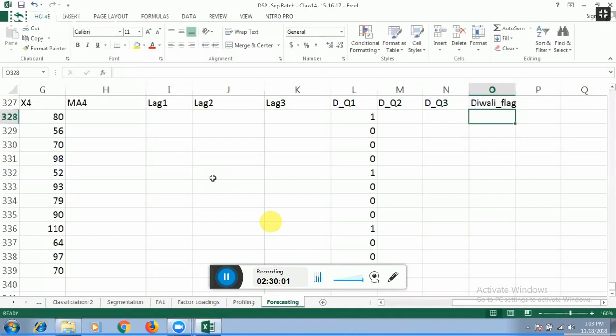Not only that, if you are introducing some kind of promotion, like for example the Great Indian Sale, in that situation, on which days or which months you are running that promotion, you want to capture that particular promotion as a separate term. That's the place I will introduce a promotion flag. But this will be on a quarterly basis, right, Chandra?